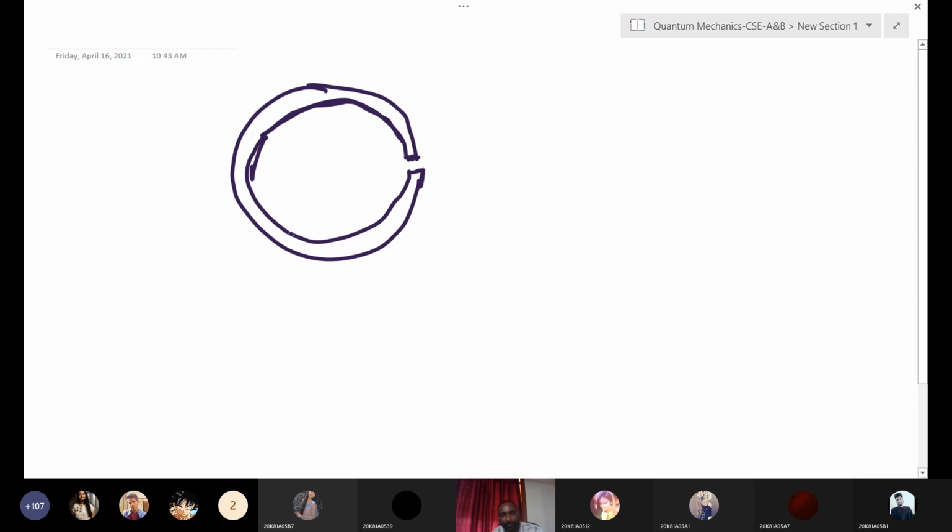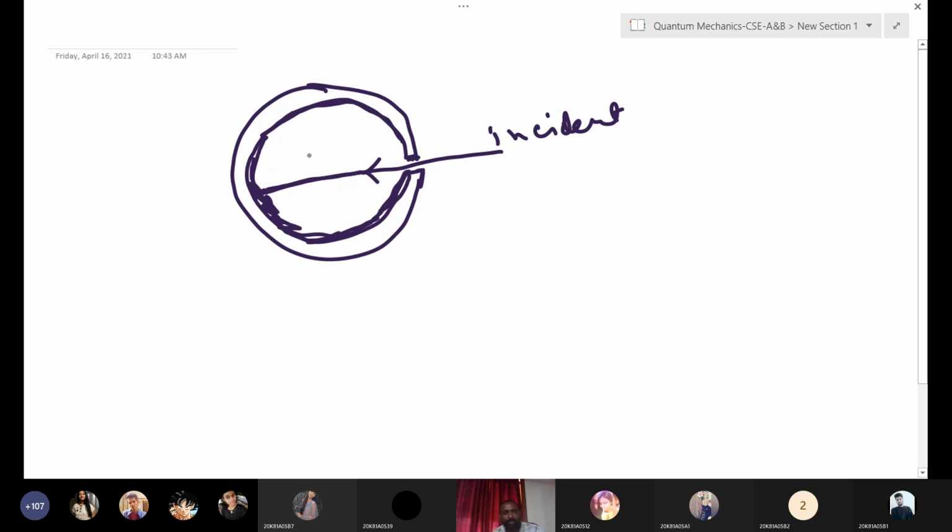Here you can send the light. This is some incident light you are sending through the hole. After that, this light will hit the surface and reflect back. Maybe it will reflect in the same direction, maybe in some other direction.